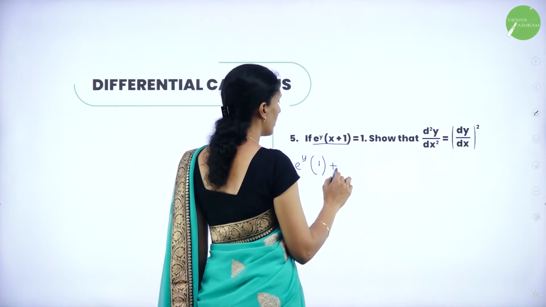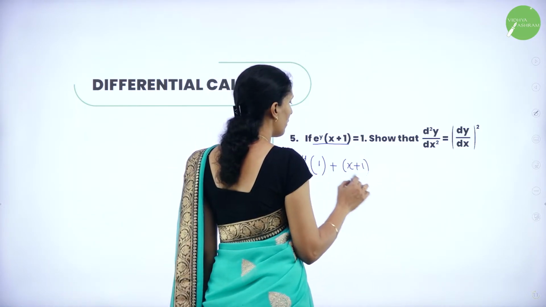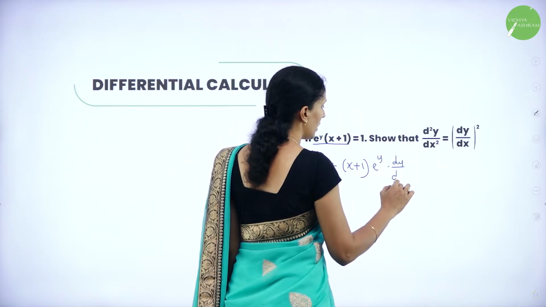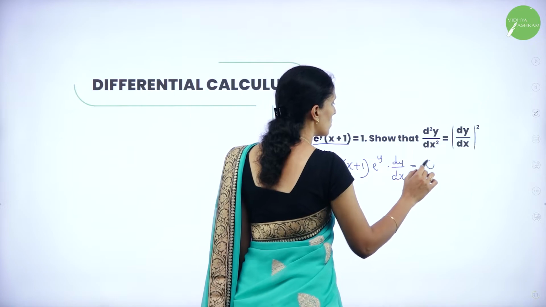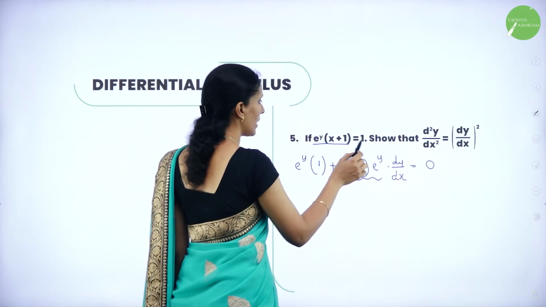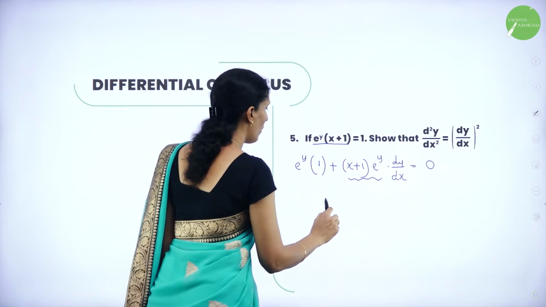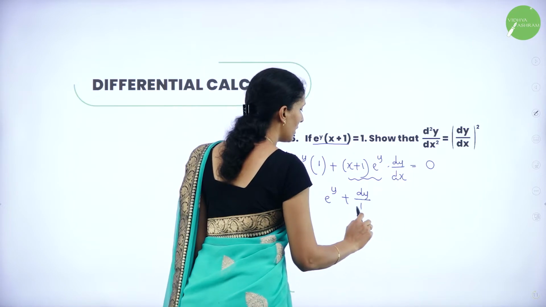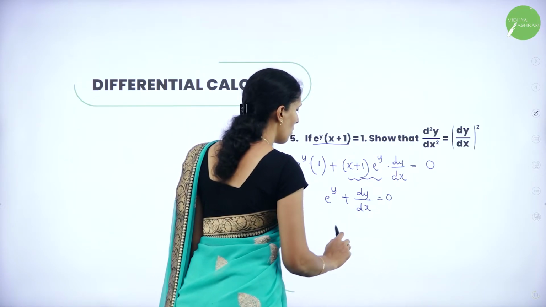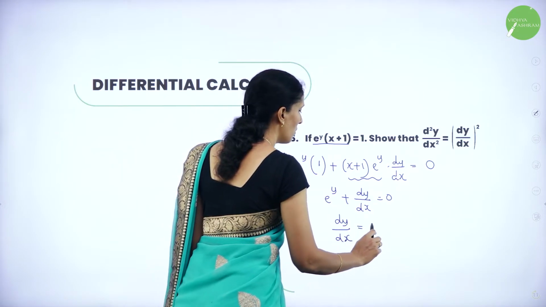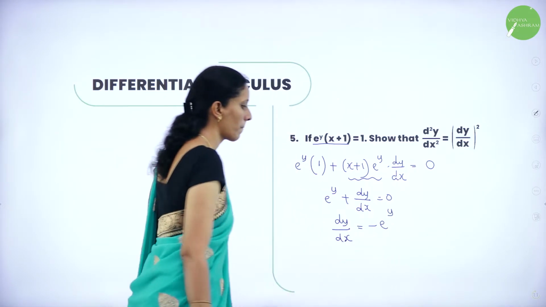Next we have x plus 1, differentiation of this, that is e power y into dy by dx, which is equal to 0. Now here, (x plus 1) into e power y is nothing but 1. So you have e power y plus dy by dx is equal to 0, or dy by dx is equal to minus e power y.